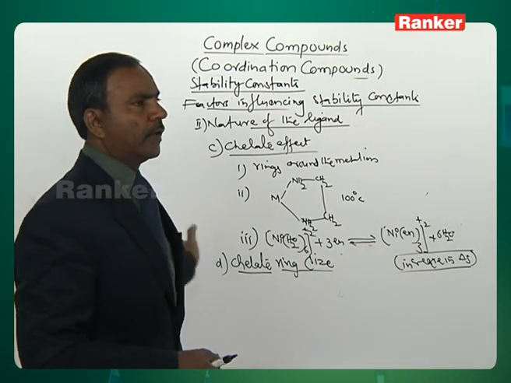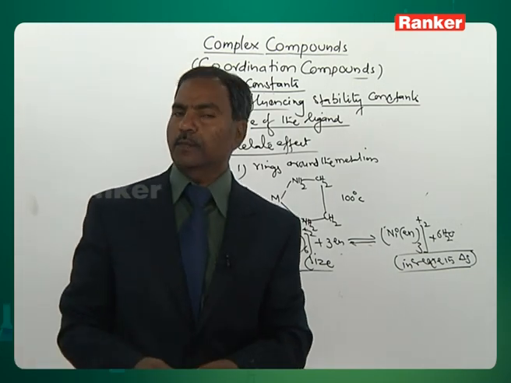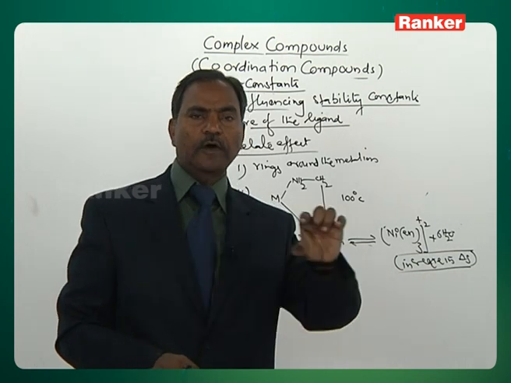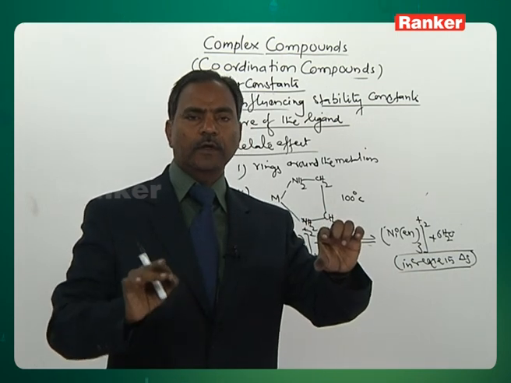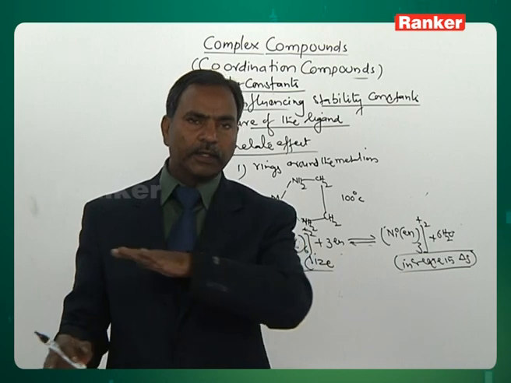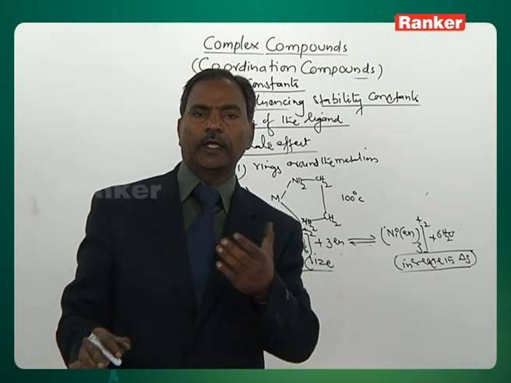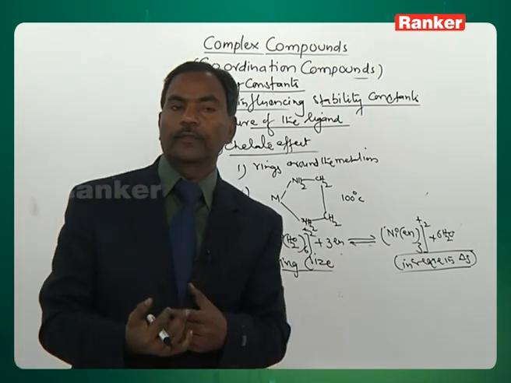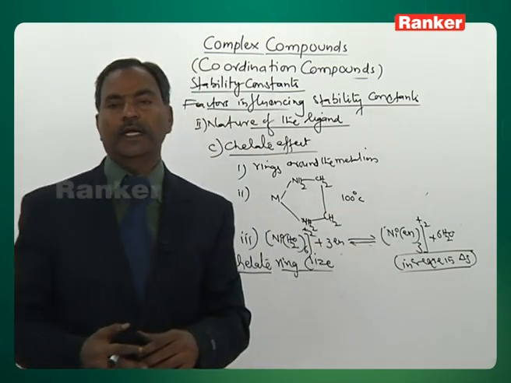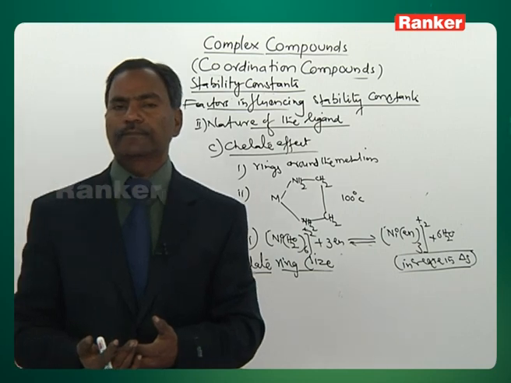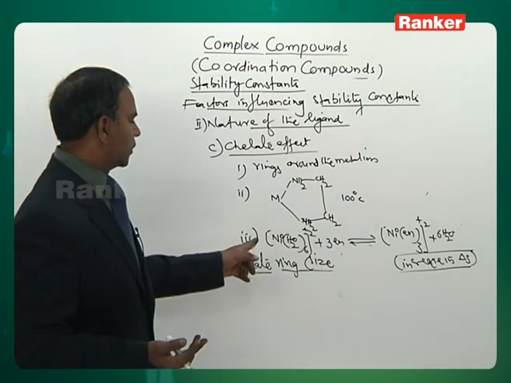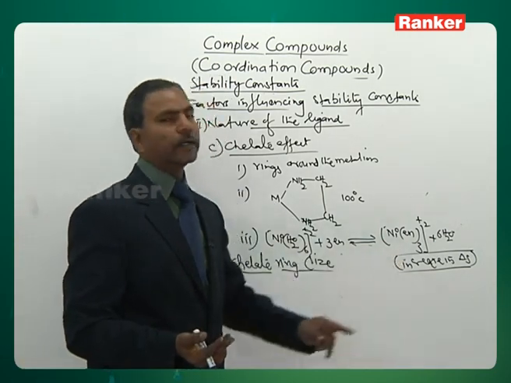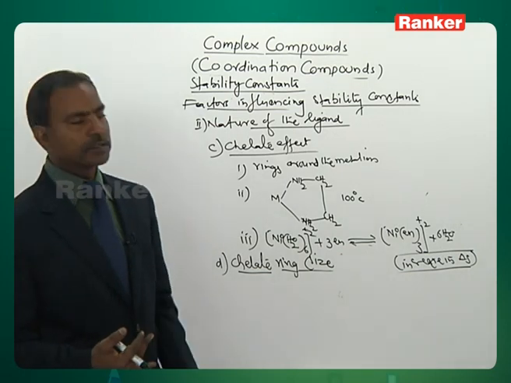So whenever a complex with chelate ligands is produced, there will be an increase in entropy, or you say that reaction is found to be exothermic. Exothermic product is highly stable. Therefore, compared to this complex, this chelate complex is found to be more stable.